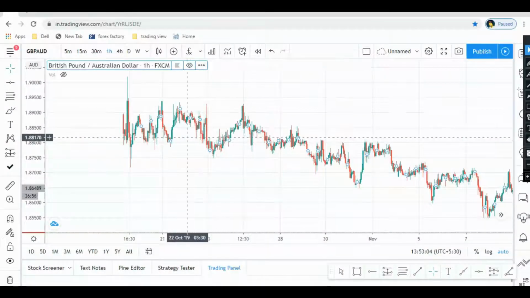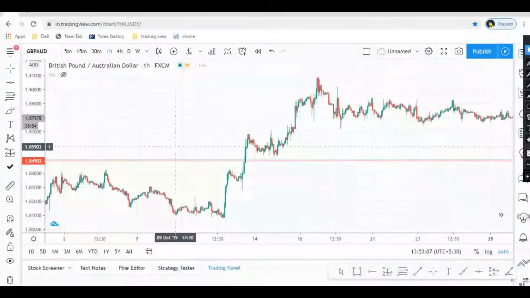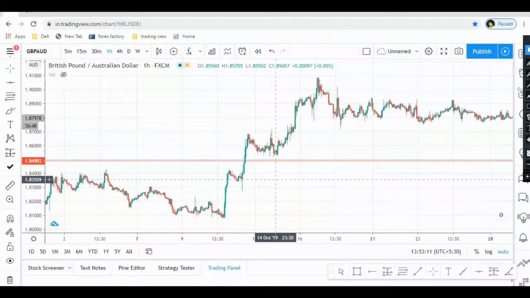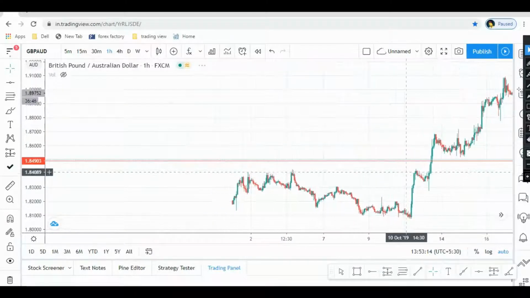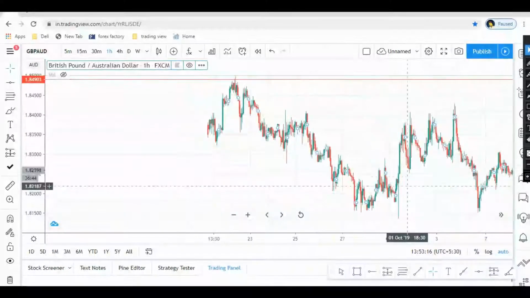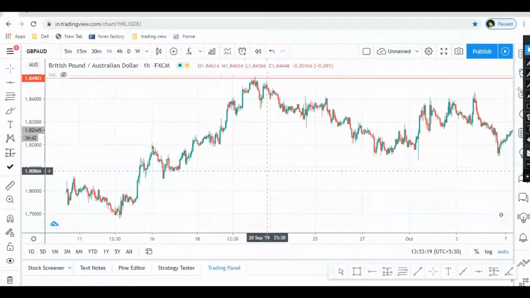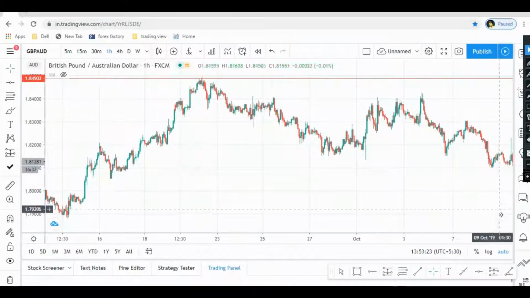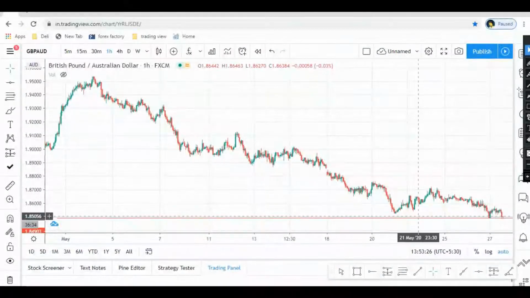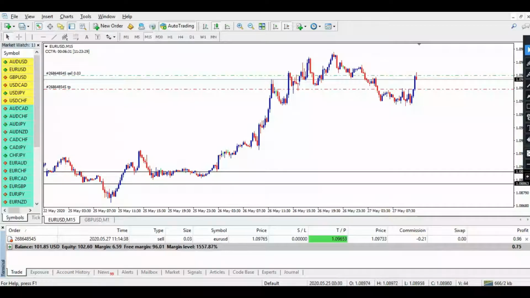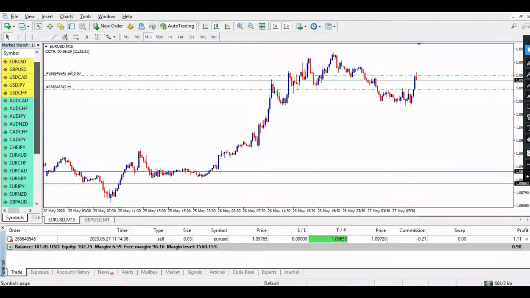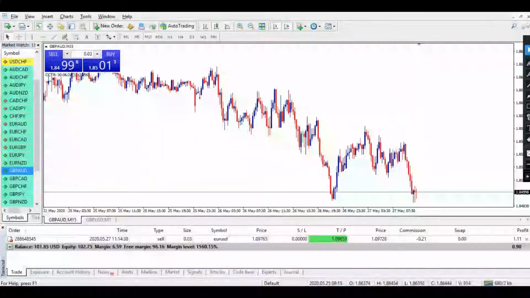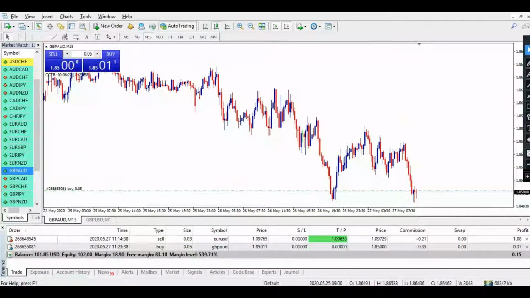Alright, okay, so I am in a very strong resistance support zone on the 1 hour chart, which also acted as a support and resistance. So I will simply place a buy order here. We will switch to the GBP AUD, and here I have placed a buy order.